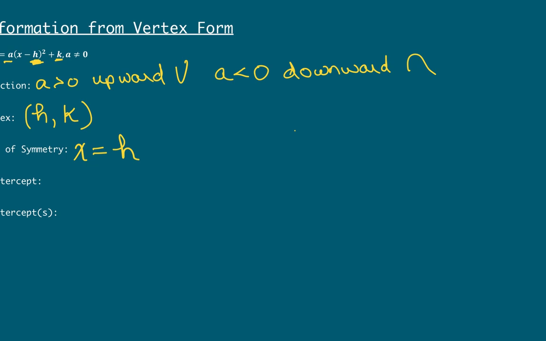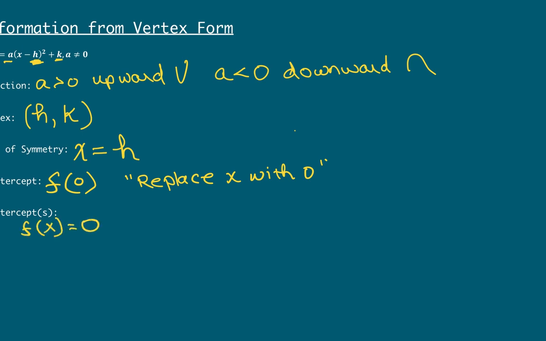We'll find the y-intercept by calculating f of 0. In other words, you'll replace your x with 0 in the function when you're evaluating the function and see what you get. We'll do some examples and see what that looks like. And last, you can find your x-intercepts by solving f of x equal to 0.